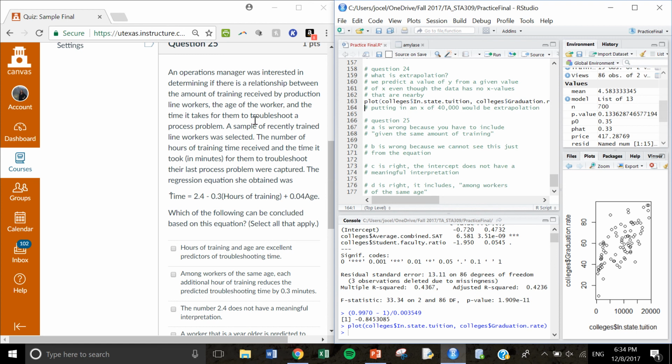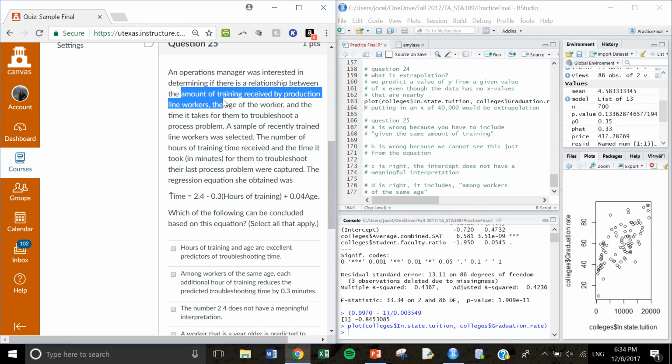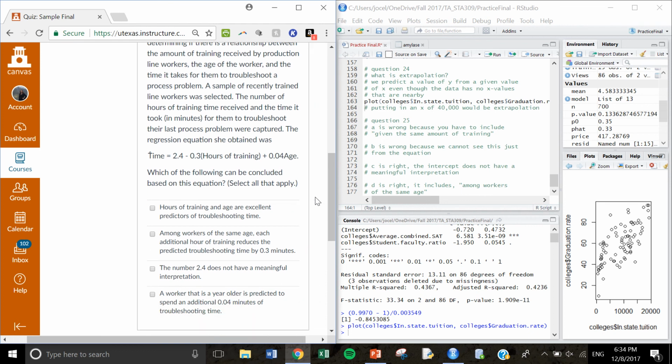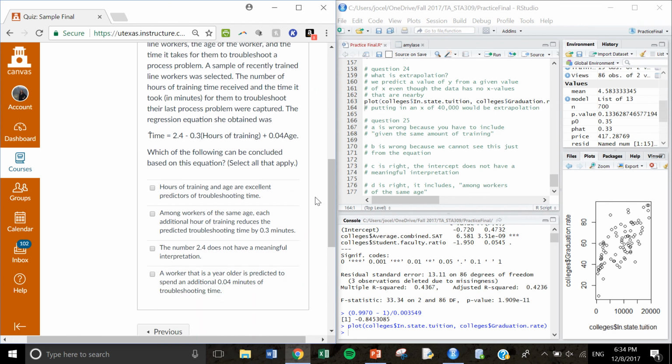So, trying to see if there's a relationship between training and the time it takes to troubleshoot. Time is our y, hours of training and age are our x's. We took a sample and we got this regression equation. What this question is basically trying to figure out is, can you interpret what a multiple regression output means?